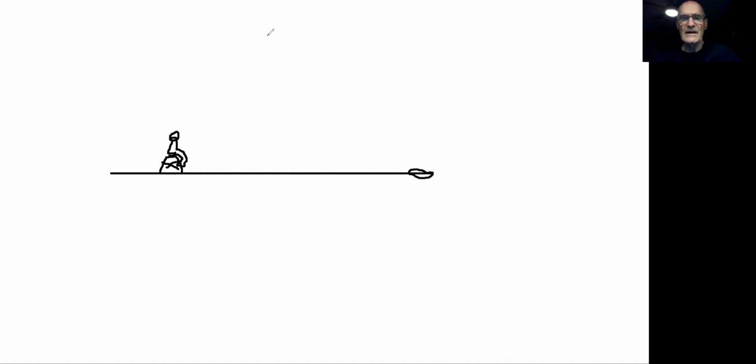So his angle, here's your horizontal. If you look at his eyes right here, that's the horizontal, which is level with the ground. Then you draw his line of sight from here down to the swimmer.